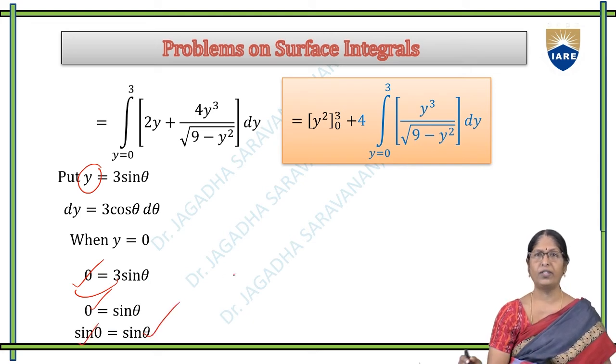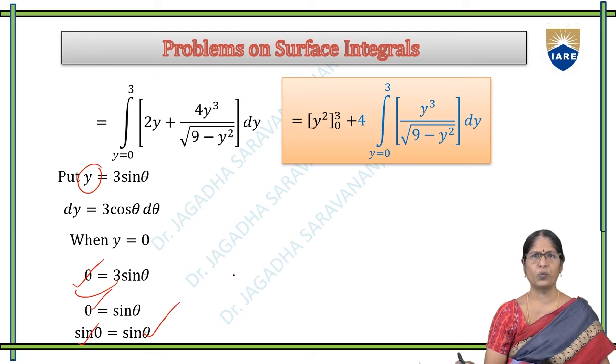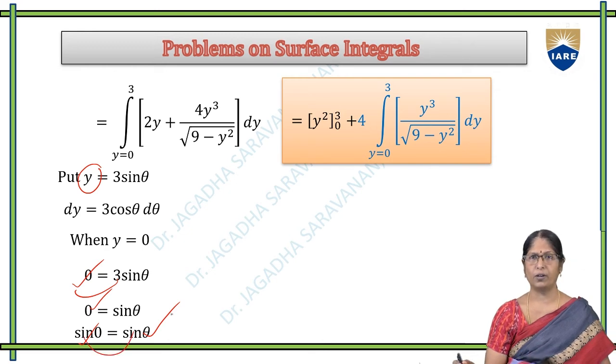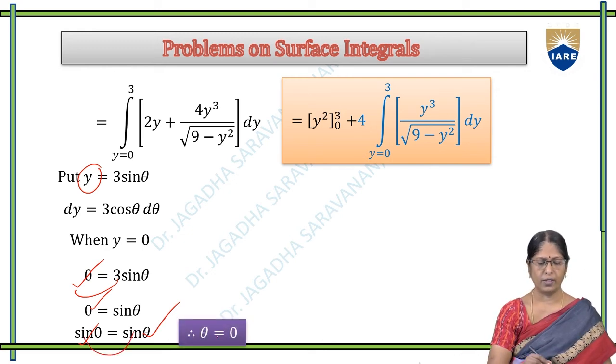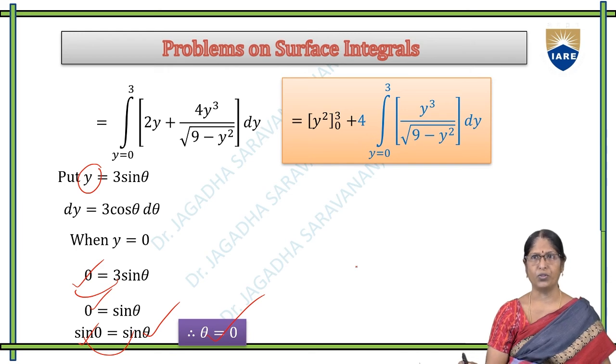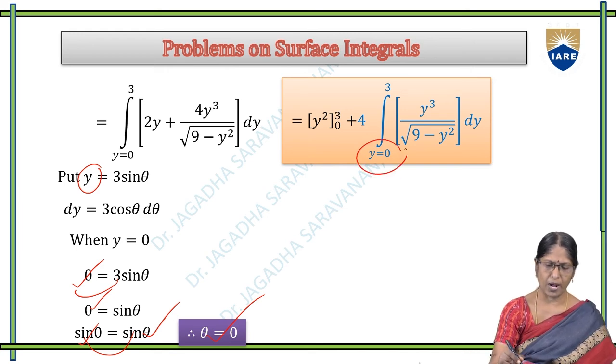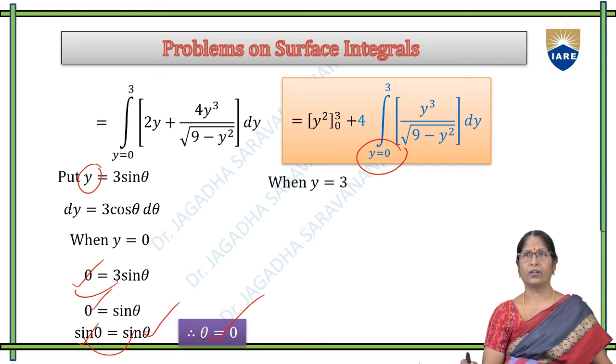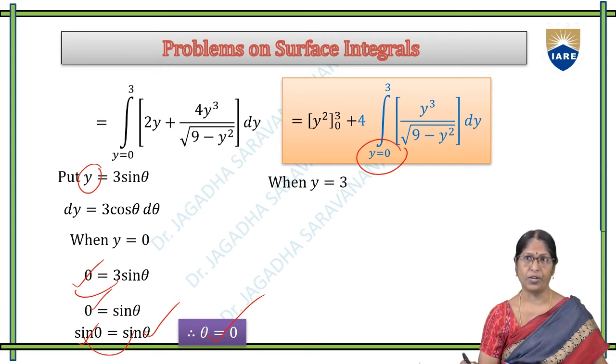The right side we didn't touch. Next, we can equate the terms, so we obtained the theta value as 0. So we checked this part and obtained theta equal to 0, because we are going to convert it into polar form.